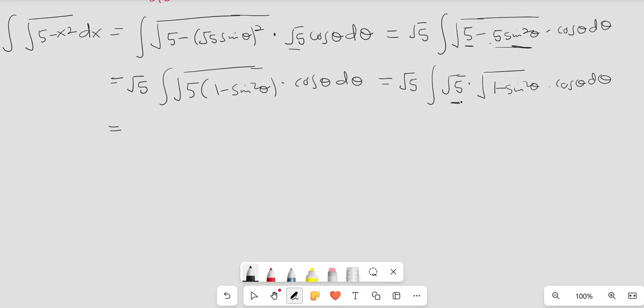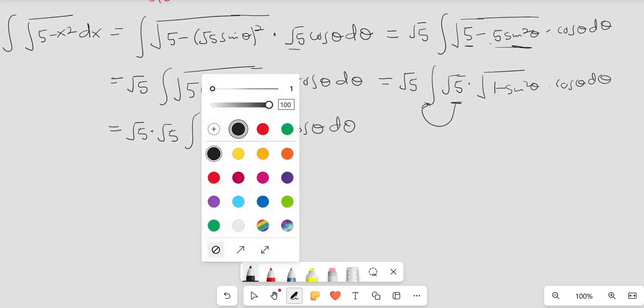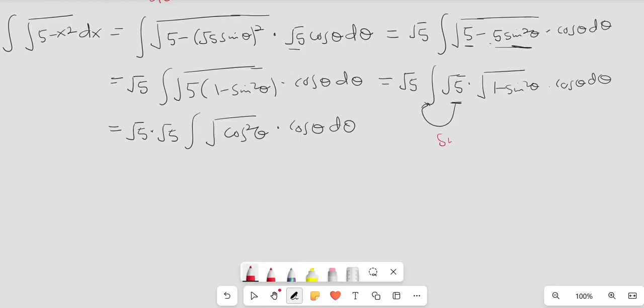This is a constant, it comes in front, so that should be the square root of 5 times the square root of 5 in front. Then the integral of the square root of 1 minus sine squared theta is cosine squared theta times cosine theta d theta. This is gotten from the trig identity, which is very obvious: sine squared theta plus cosine squared theta equals 1.